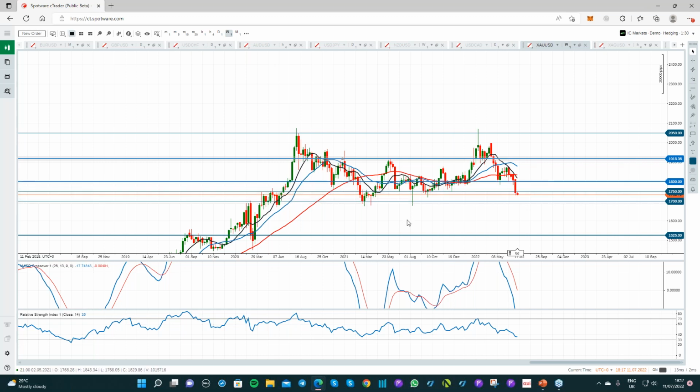So once I have this roadmap drawn out of horizontal levels on the monthly time frame and horizontal levels on a weekly time frame, I can then start to build up a plan of what am I going to trade, how am I going to trade between these levels. Now, the title of the webinar is Trading the Range.